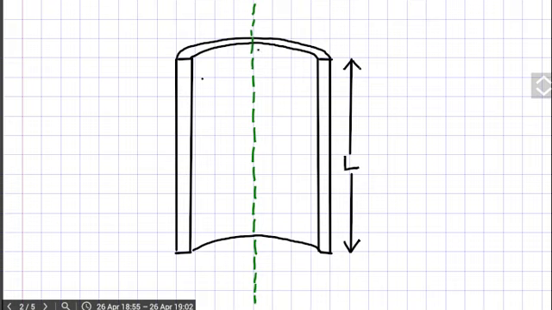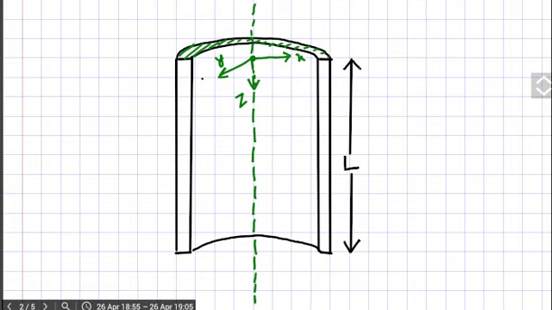Let's say that this is the z axis, and because of the right hand rule, this will be your x axis, and this will be your y axis. The XY plane will represent this plane, and in the vertical direction this is the z axis, and this is the middle point of the pipe.